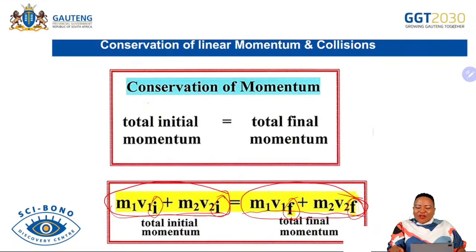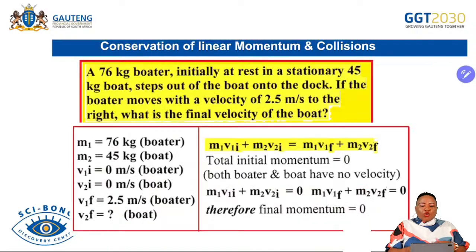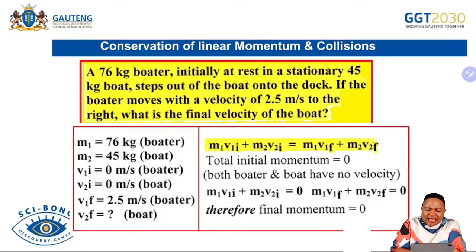Welcome back, grade 12s, as we are busy dealing with the conservation of linear momentum and looking at how we calculate it. What I was emphasizing before the break was that we need to be able to label our variables, so that we know what we are dealing with, because these values are many, especially when you are provided with an equation.